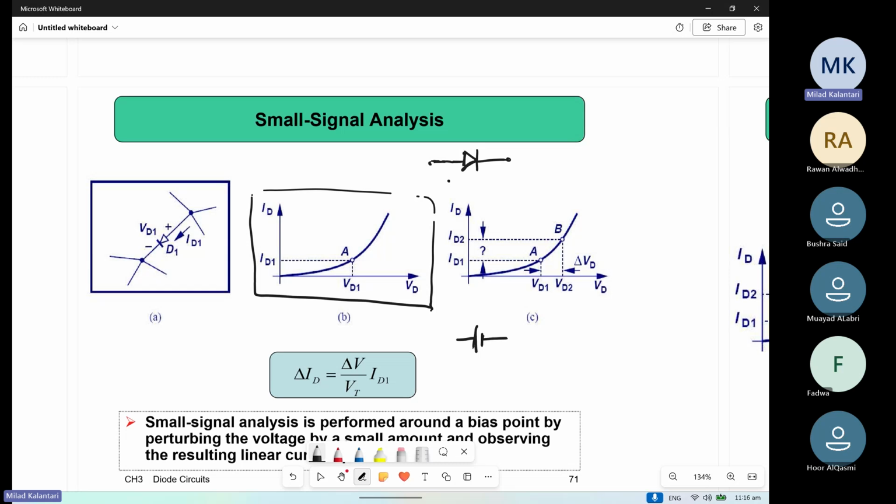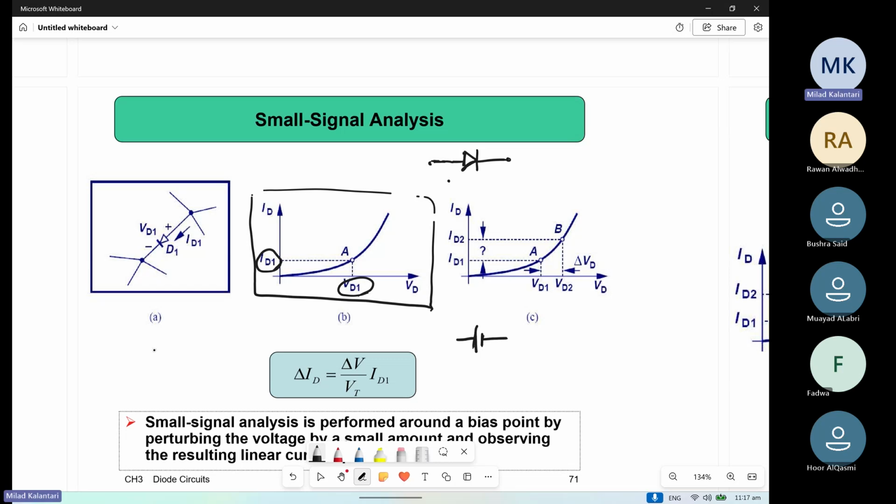We say the device is biased at that operation region, so you are somewhere on the IV DC curve. You bias your diode at VD1, so it has some current ID.